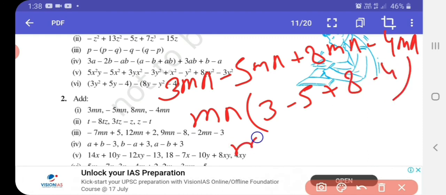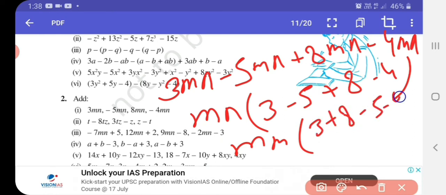Okay. First see the positive terms: 3 plus 8. And the negative terms: minus 5 minus 4. So mn, 3 plus 8 is 11, and minus 5 minus 4 is minus 9.